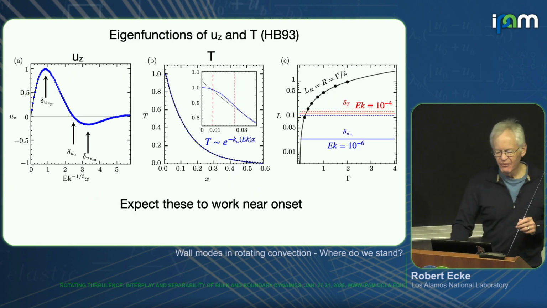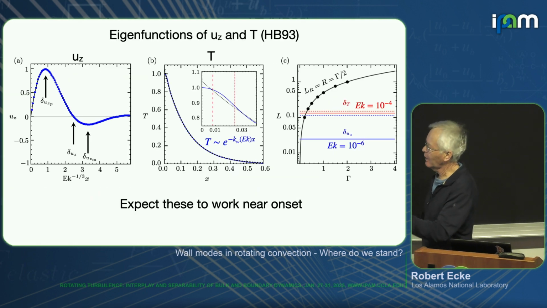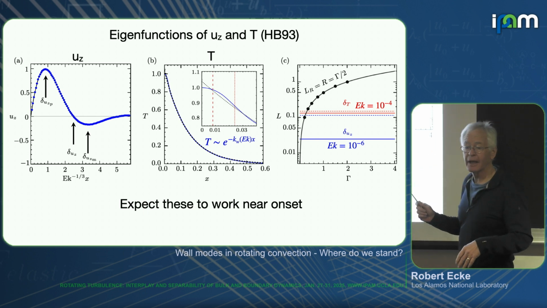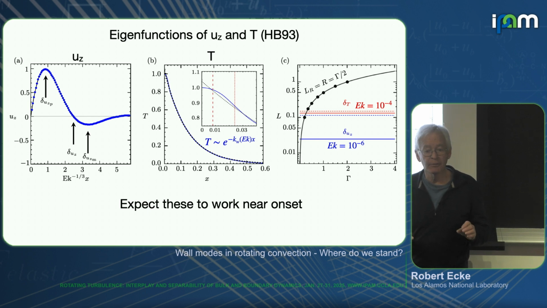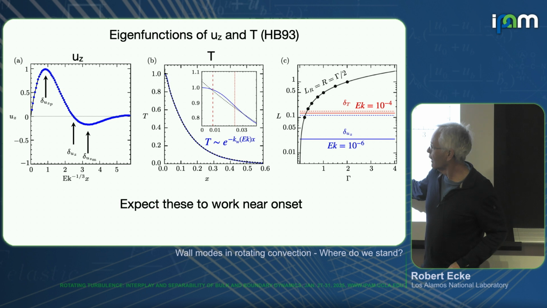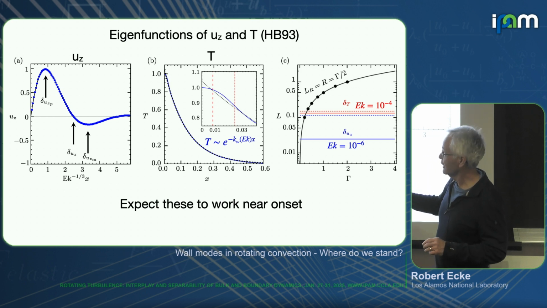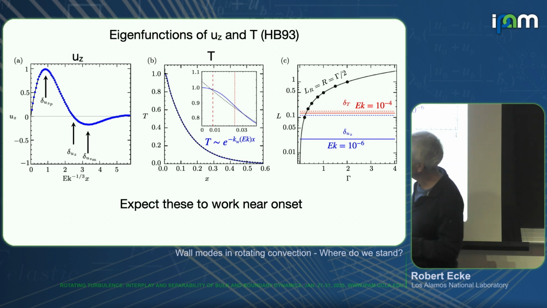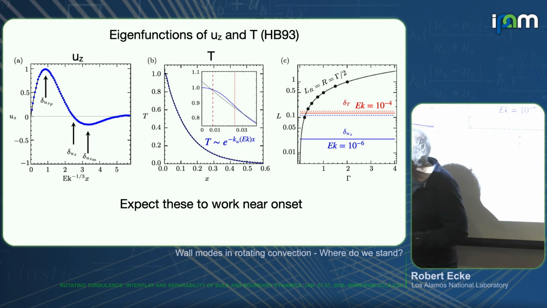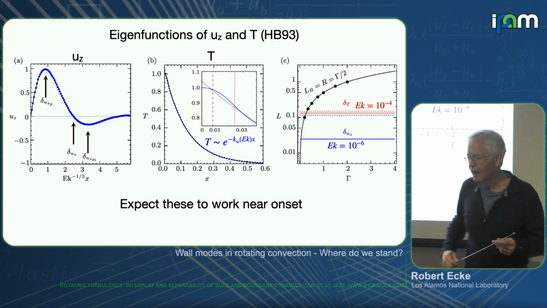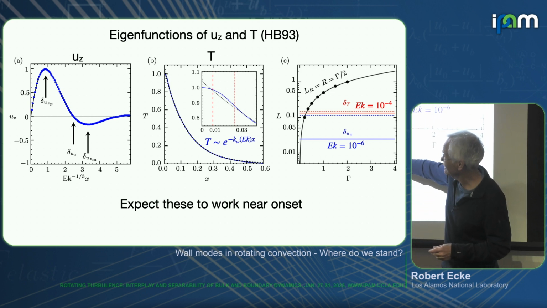Okay. Now, this is quite amazing, and I have no idea why this works. But if you look at Herrmann and Busse, he computes eigenfunctions for the different quantities, the velocities and the temperature field. And one of the things you notice is the eigenfunction of velocity has this Ekman to the 1/3 scaling on it. The temperature does not.